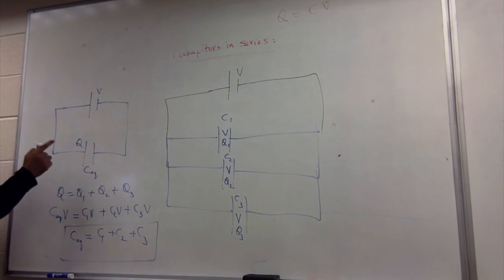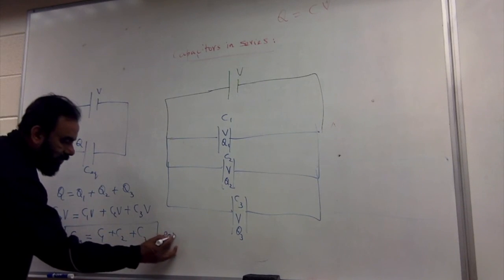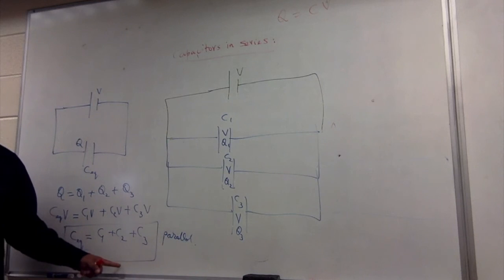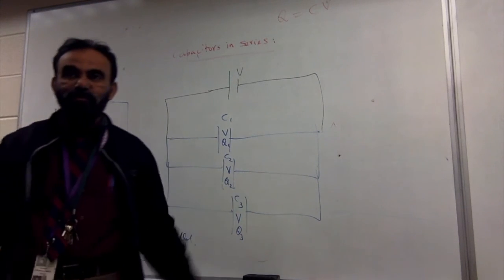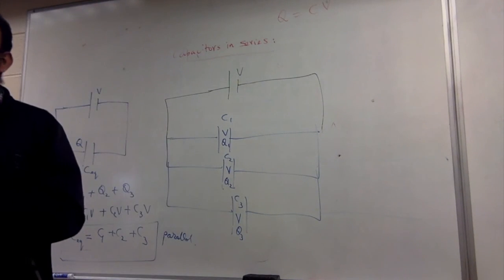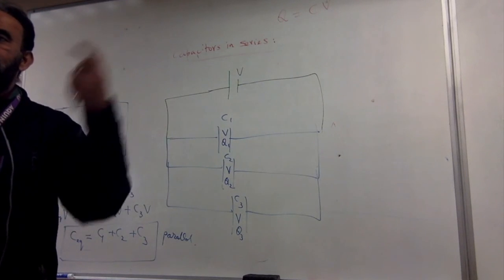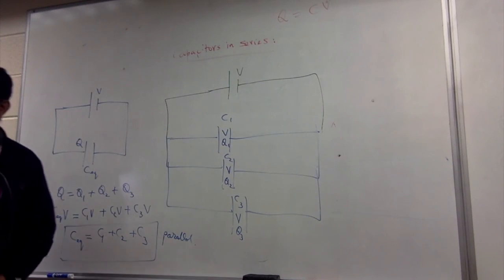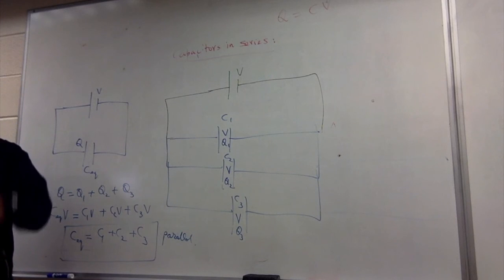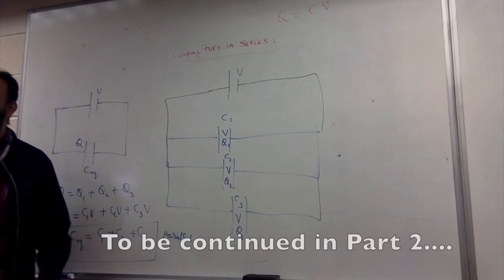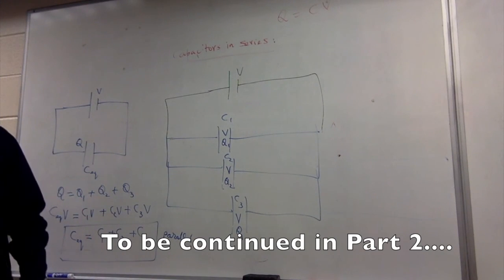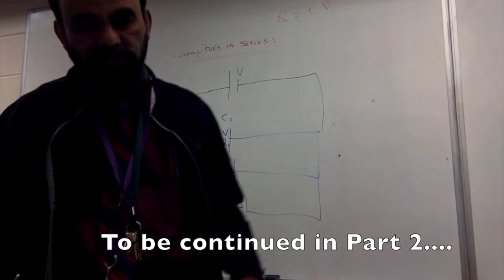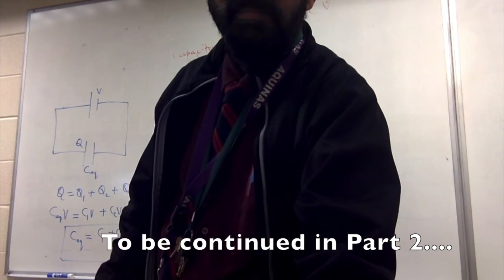So in parallel, your formula is this. In series, the formula is the other one. How do you compare this with resistors? The opposite. Just the opposite. So if you know the resistors for sure, then all you have to think is, oh, this is capacitors, so let me just use the other one. Okay?